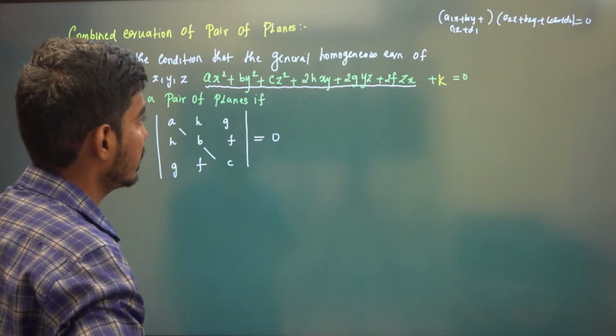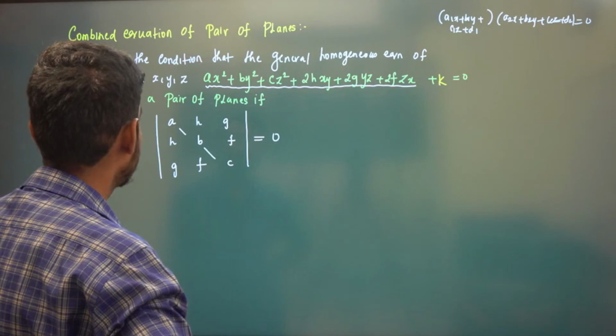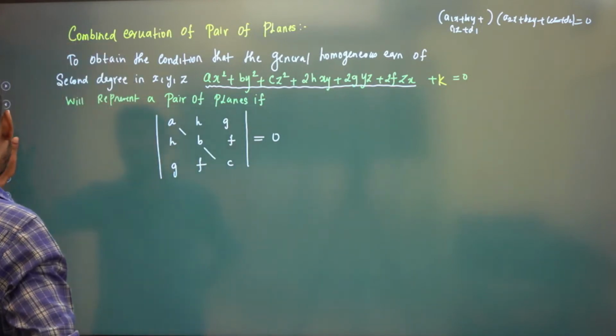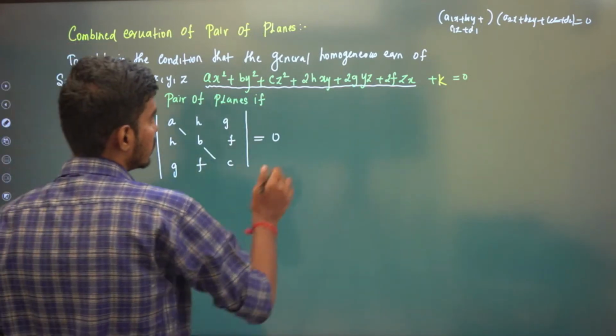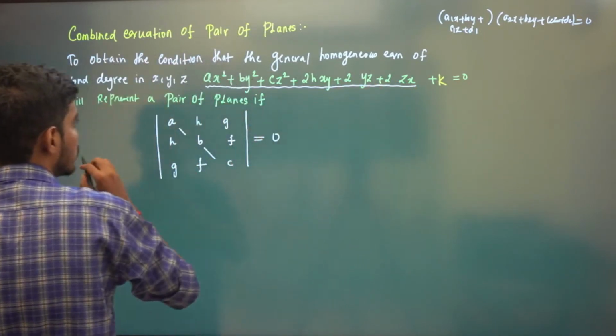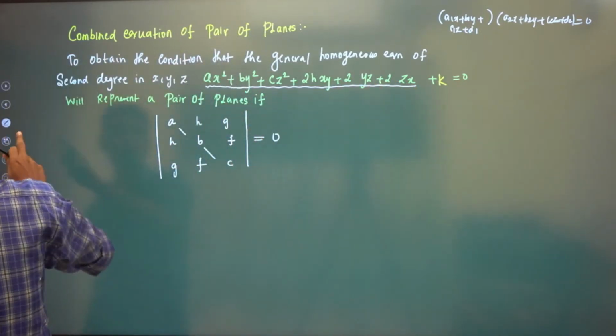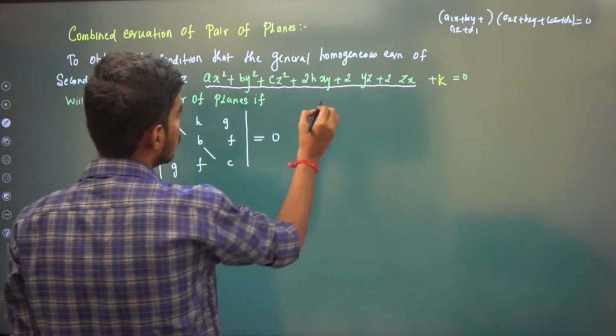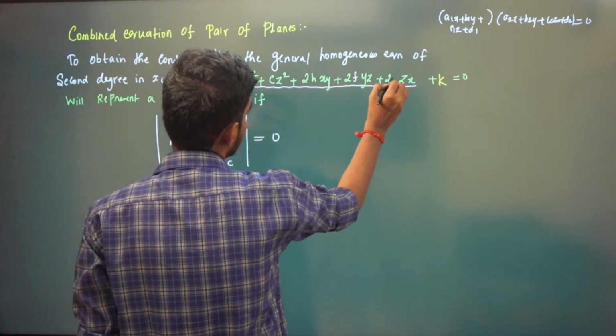I think I have made one mistake. Wait, please wait. Actually, sorry. The equation is 2hxy, 2fyz, plus 2gzx.